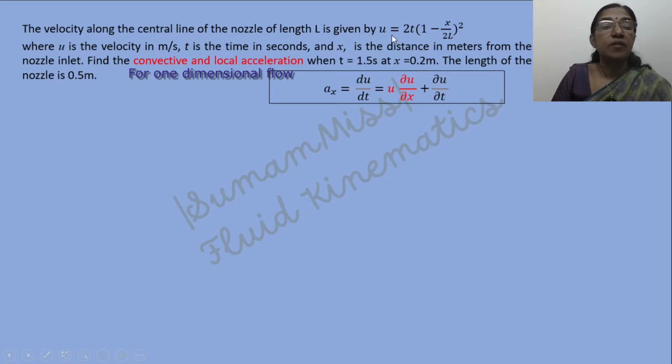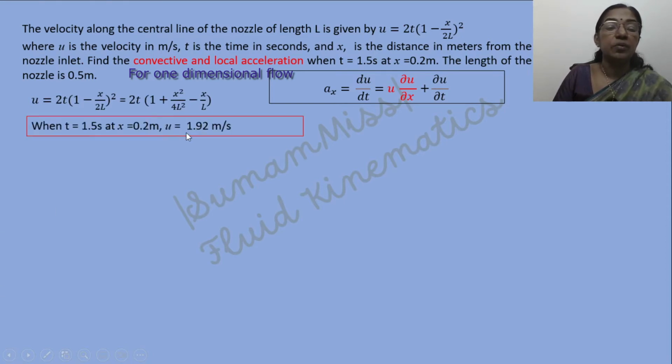The expression for the velocity component u is given as u equal to 2t into (1 minus x by 12) the whole square. At time t equal to 1.5 seconds and x equal to 0.2, u can be calculated as u equal to 1.92 meter per second.